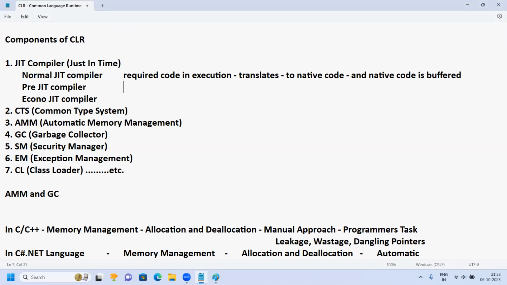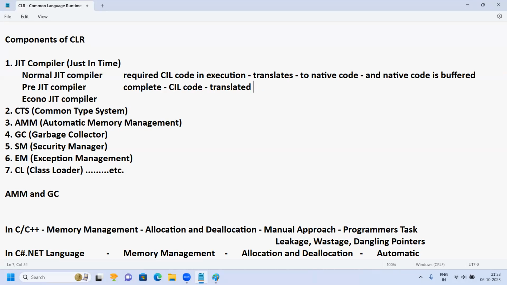Now, pre-JIT compiler. What will it do? Translates complete CIL code. Here, complete CIL code translation, not just the required CIL code. What will it do?